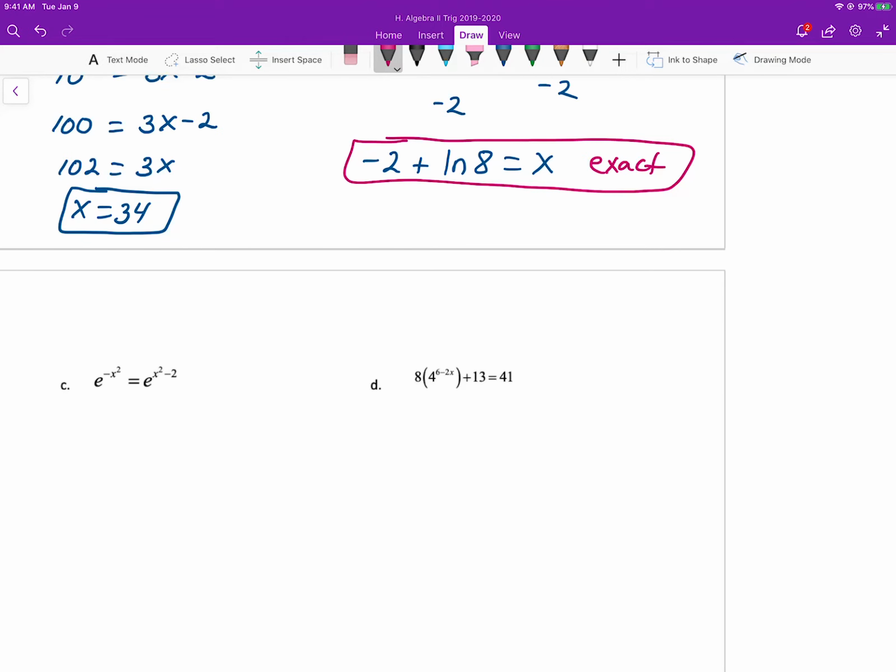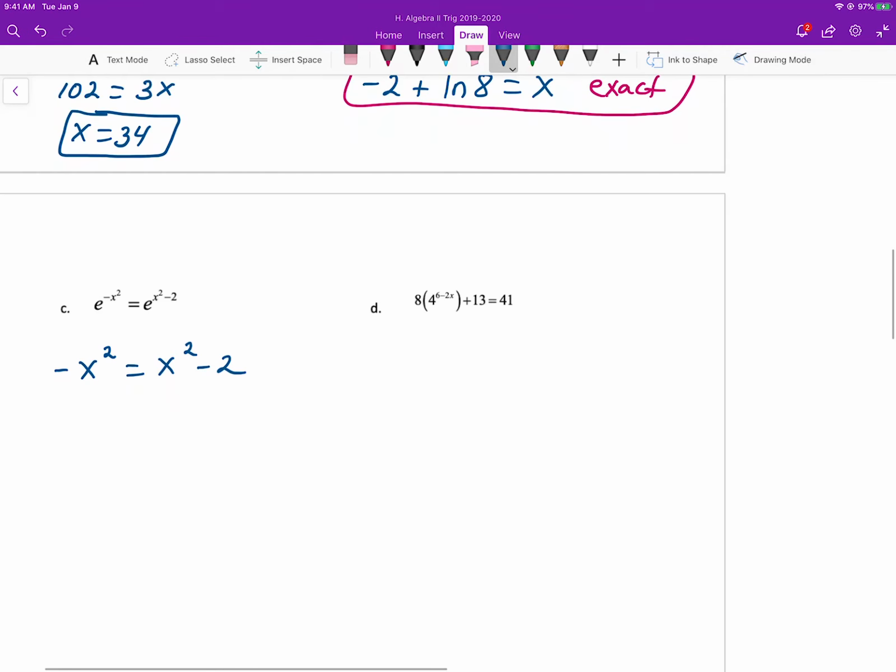Okay, for the next one, for C, we do have the bases the same. So when the bases are the same, you can set the exponents equal to each other. We have negative x squared equals x squared minus 2. So now we solve this just like we would an equation.